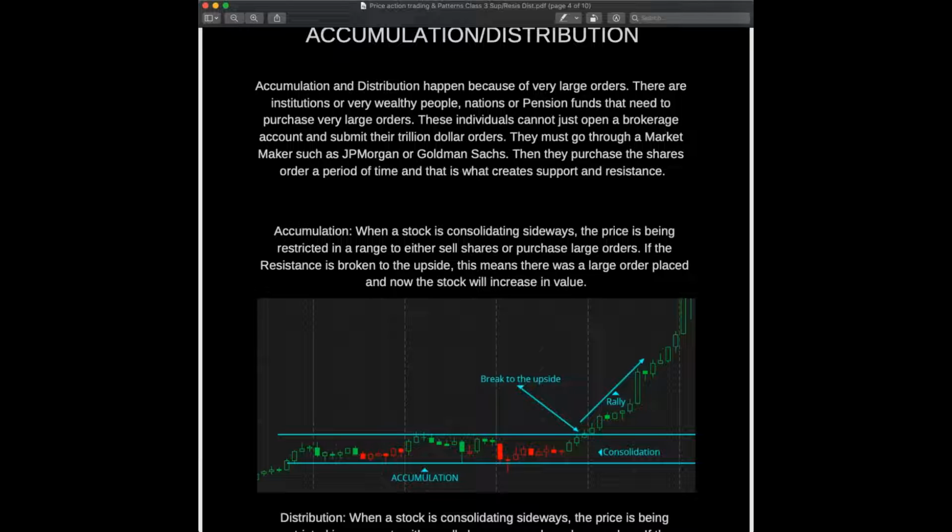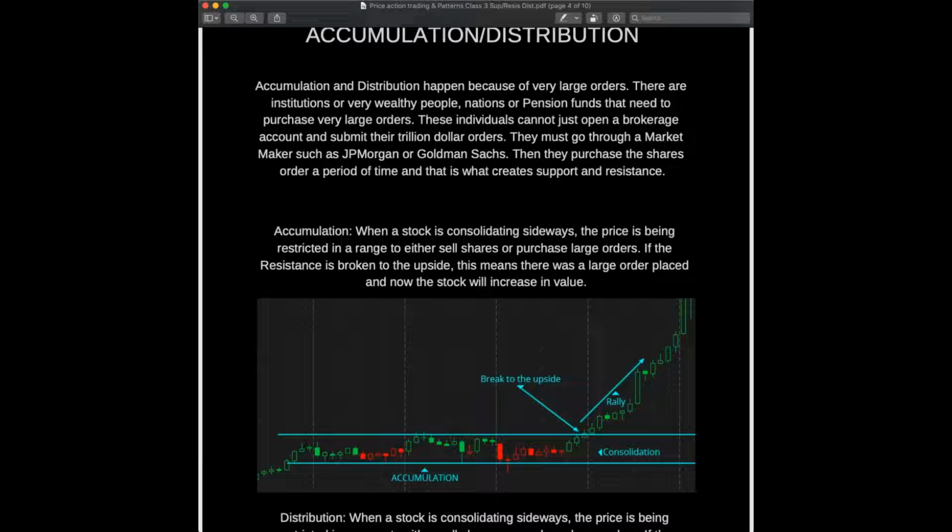And that is what creates actual support and resistance, supply and demand zones, because they can't just say, oh, I want you to sell all of Apple right now. They can't do that, right? They're going to have too much of an effect on the overall market, and it's going to have a major consequence.